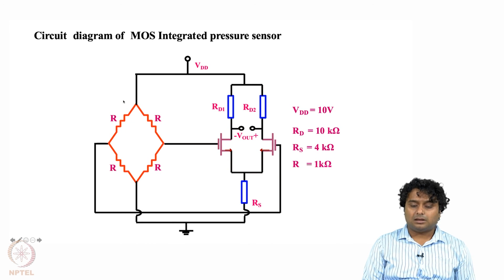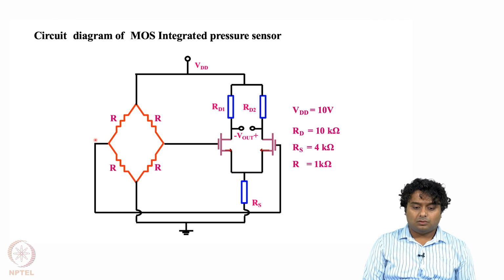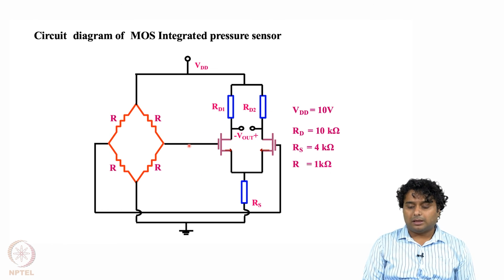This is the circuit diagram of the MOS integrated pressure sensor. So this is the Wheatstone bridge. We know that this is the voltage output we are getting, and we don't need much electronics to measure that, but still we can use a simple differential amplifier to amplify the voltage output.